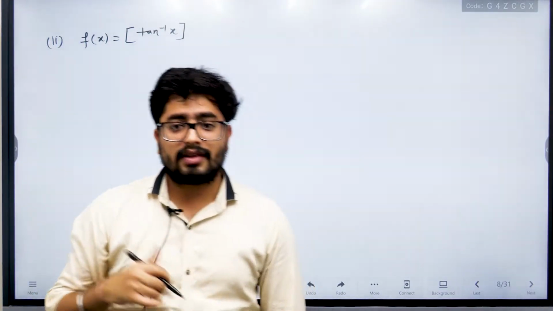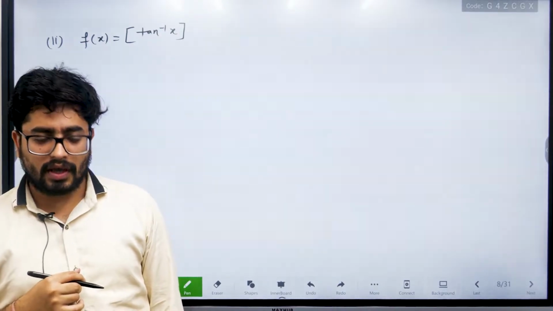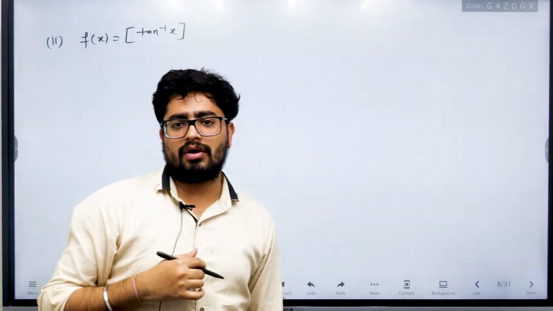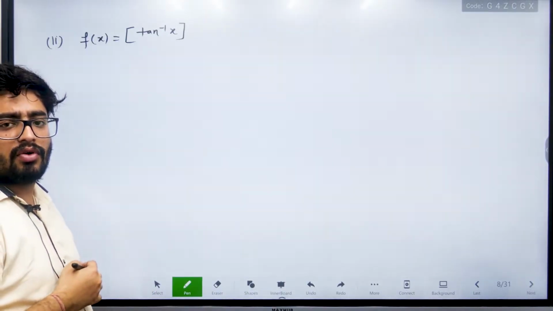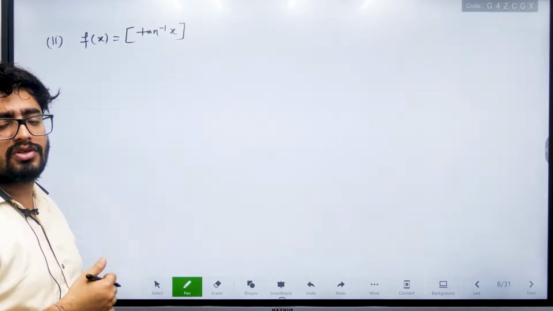First thing is, this is your inverse trigonometric function. Okay. And till now we don't know much about inverse trigonometric functions, so you can do this question after your inverse trigonometric functions chapter, but I am giving the solution here.